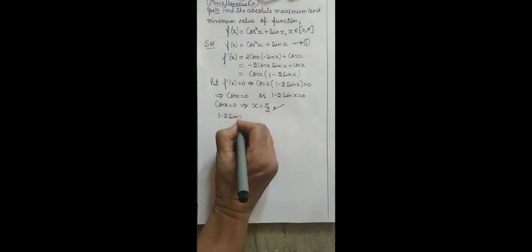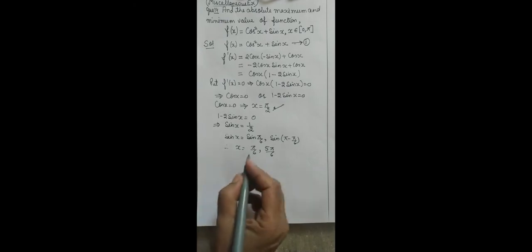Now let us consider the second case, 1 minus 2 sin x is equal to 0, which gives me the result that sin x is equal to 1 upon 2. Now here sin x is a positive quantity, sin x is equal to half, and my x belongs to 0 to pi. That means x will lie both in the first quadrant and second quadrant because sin x is positive. It can be written as sin pi by 6 and also sin pi minus pi by 6.